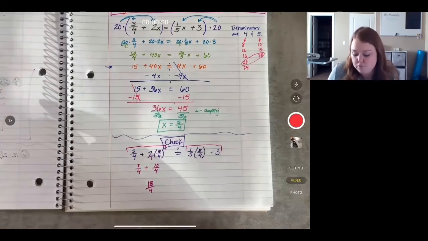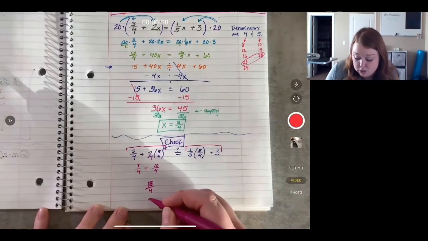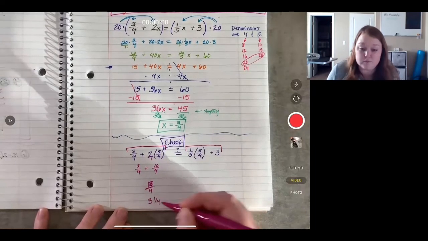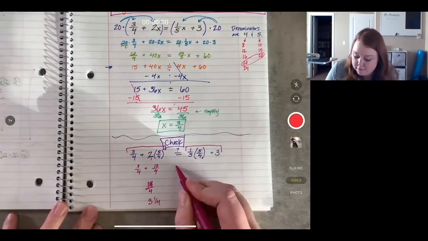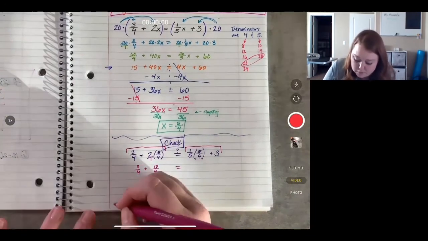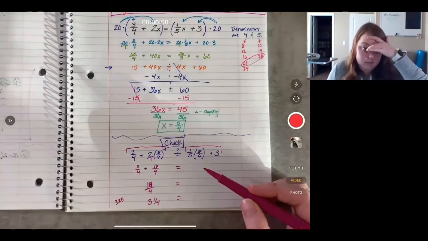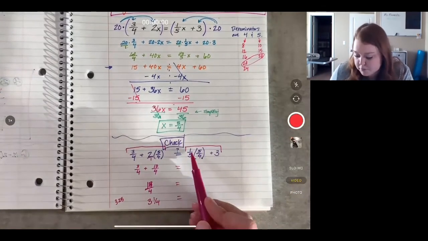You can leave it as 13/4, or if you want the mixed number, 4 goes into 13 3 times with 1 left over. So it's equivalent to 3 1/4. If you put it in a calculator, it'd be 3.25. We can put that off to the side too. That's the decimal version.